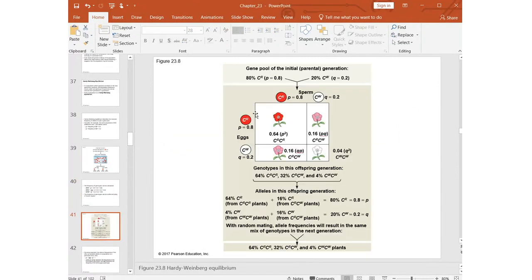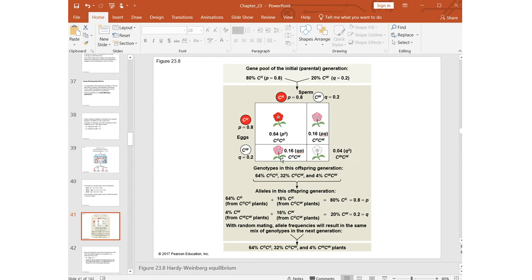And so if you set up a Punnett square, 80% of the sperm are going to be red, 20% are going to be white, and the same thing with the eggs. And so 0.8 times 0.8 is going to give you 0.64. 0.8 times 0.2 is going to give you 0.16.